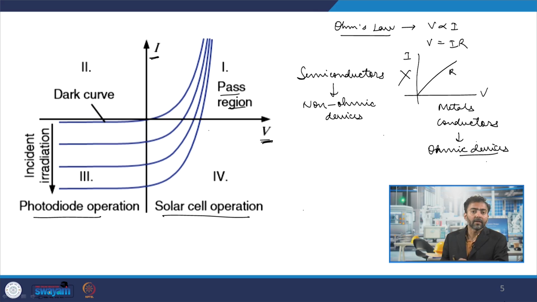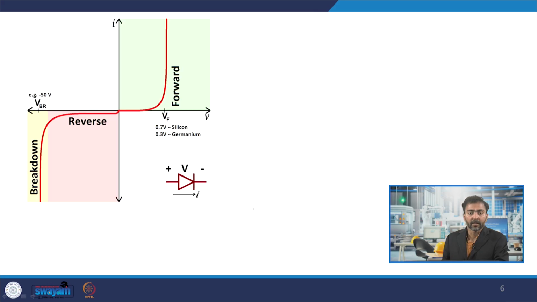So, before we delve into this graph, let us look at a simpler graph, which is for a diode. This is the IV curve of a simple diode. As all of us understand, you must have definitely studied this. A diode is used like a switch, and it conducts current only when it is forward biased.